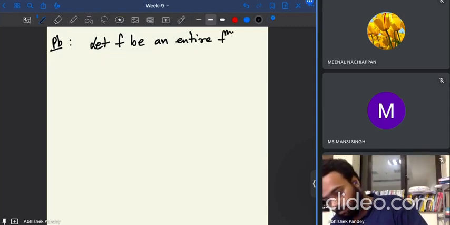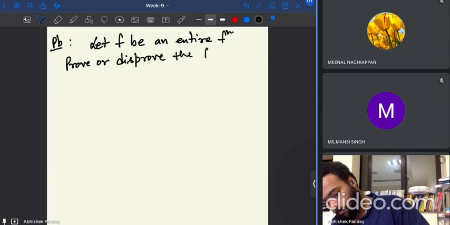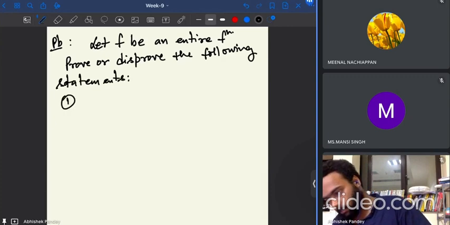Prove or disprove the following statements.